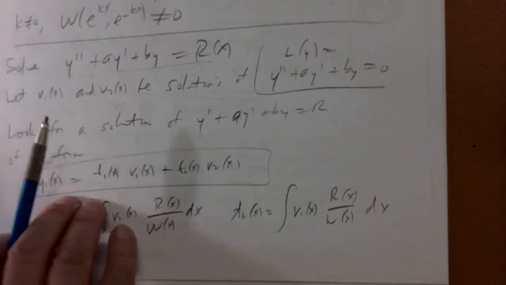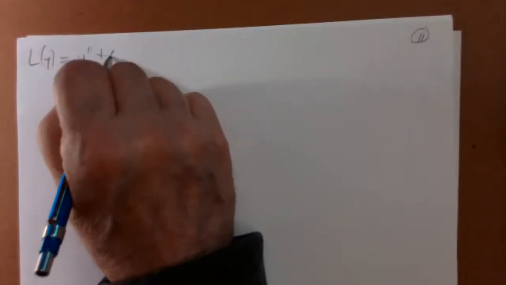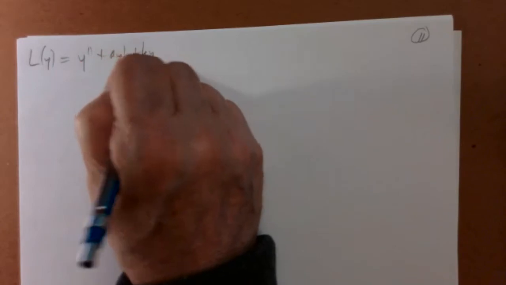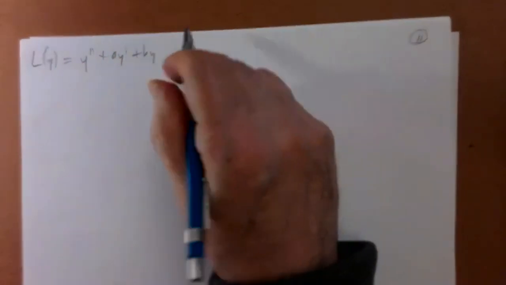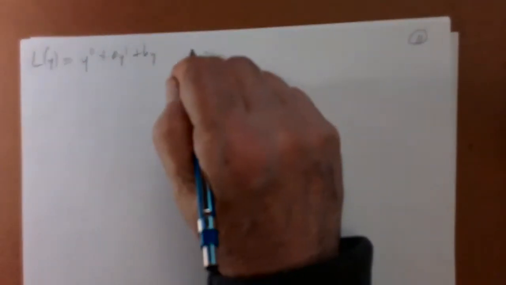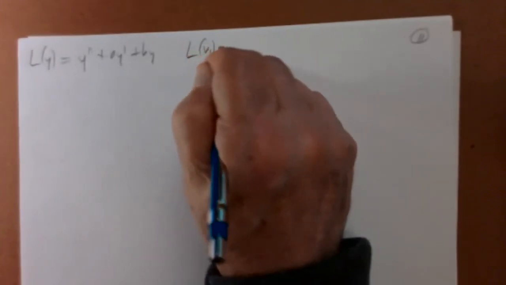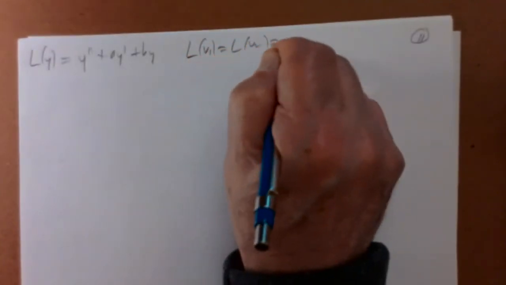So let me see why this works and how we get the right answer. We have our differential operator, L(y) = y'' + ay' + by. And our fundamental solutions of the homogeneous equation, we have L(v1) and L(v2) equal to 0.